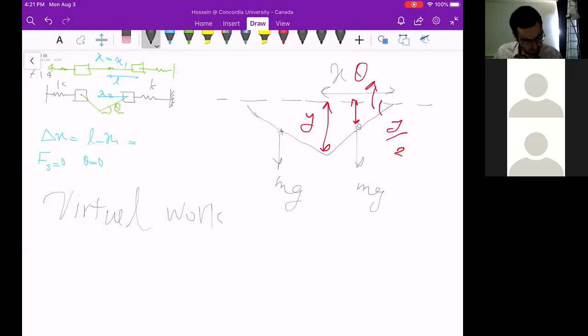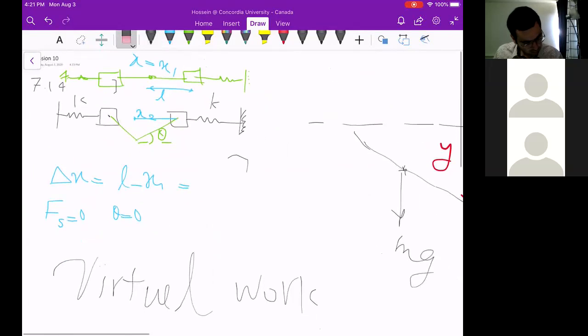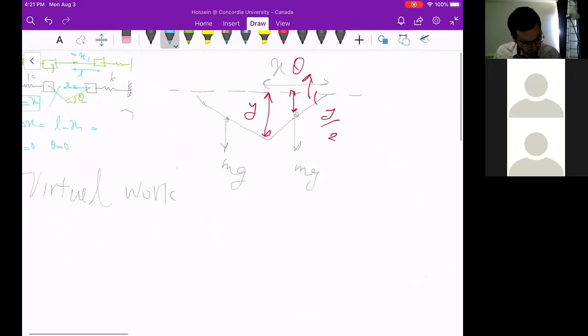Okay, x2 is x. So here, you could easily relate theta to x: x is L cosine theta, y is L sine of theta.